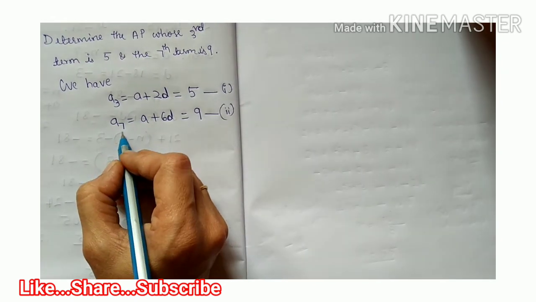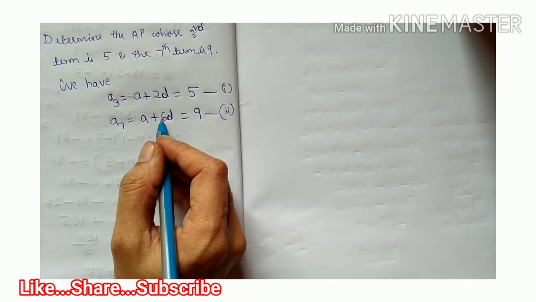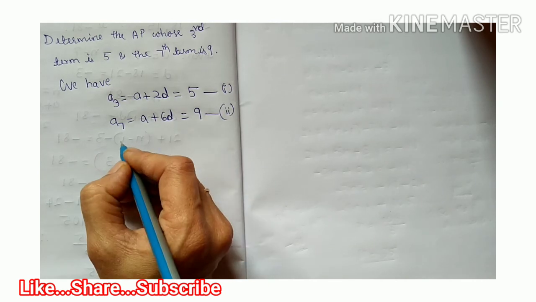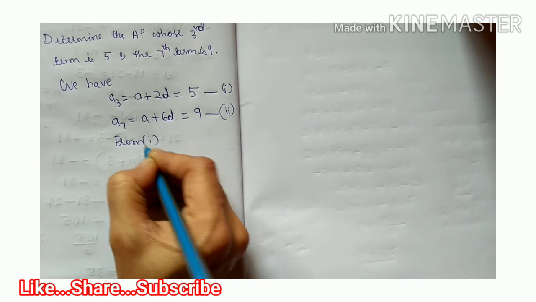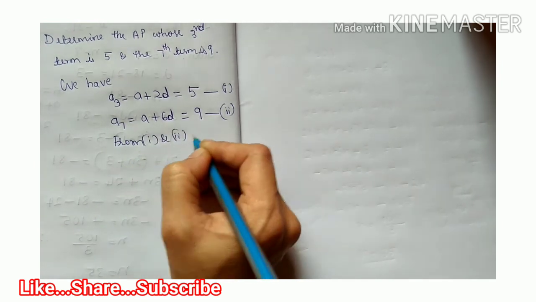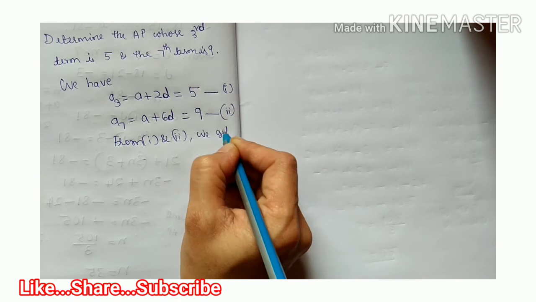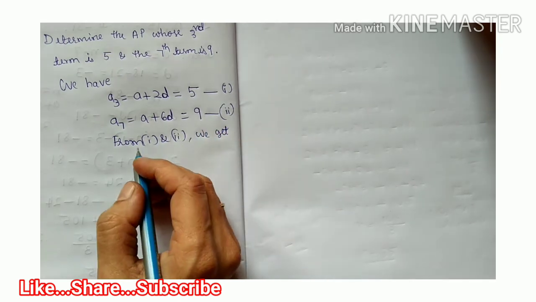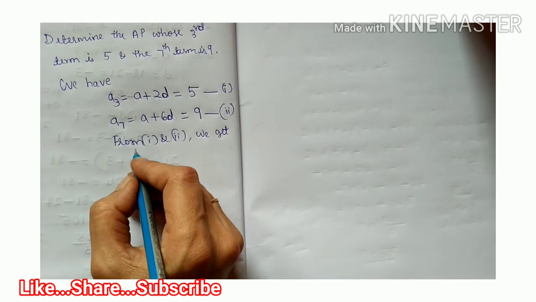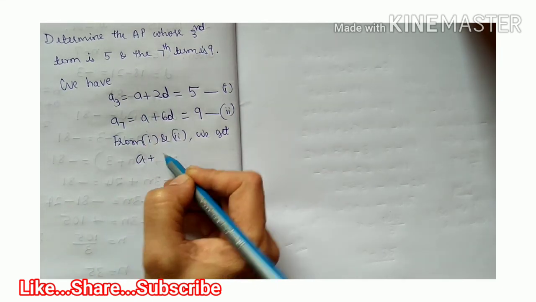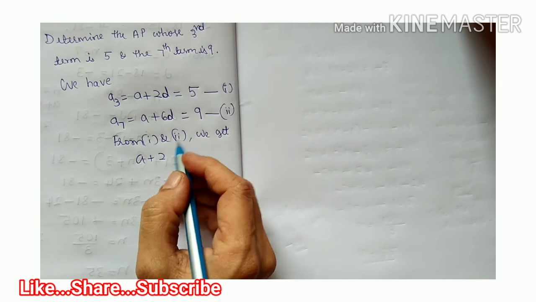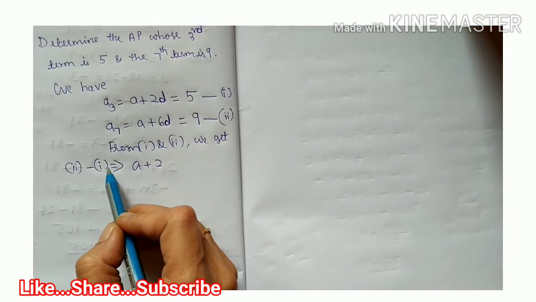Solving this pair of linear equations 1 and 2, we take equation 2 minus equation 1.